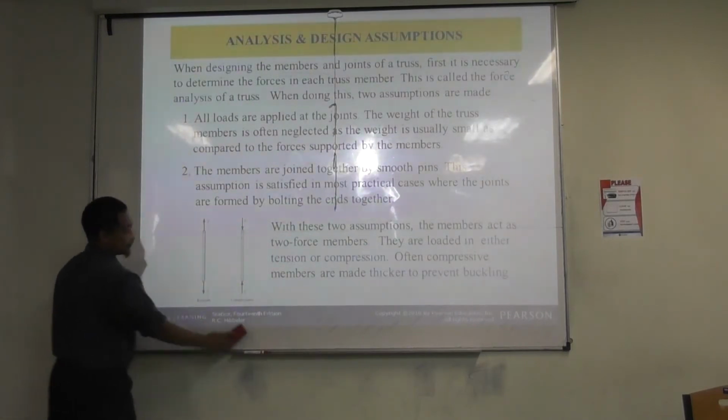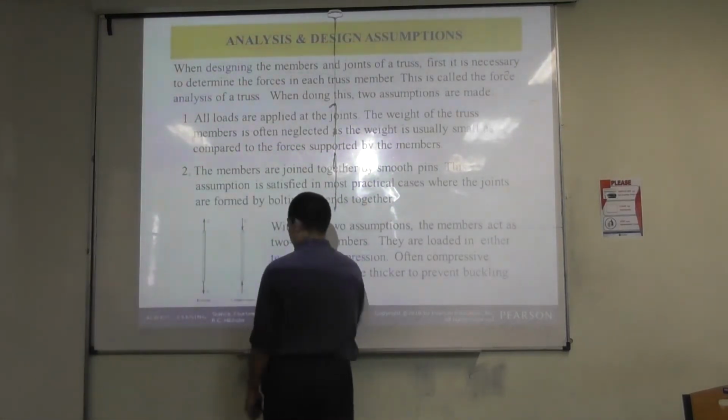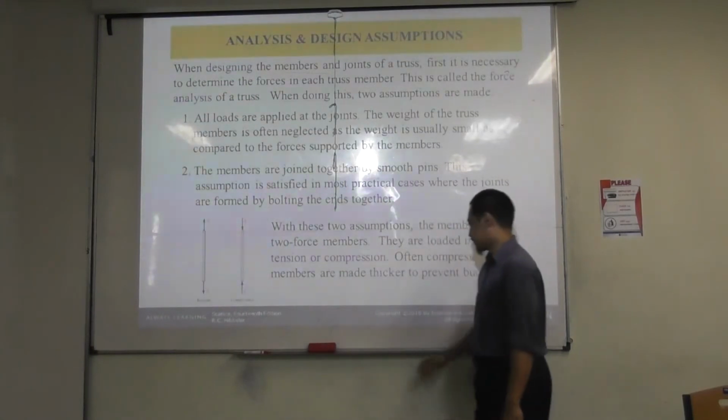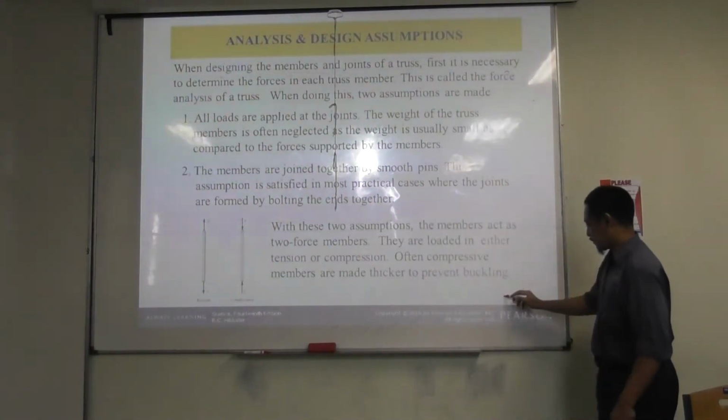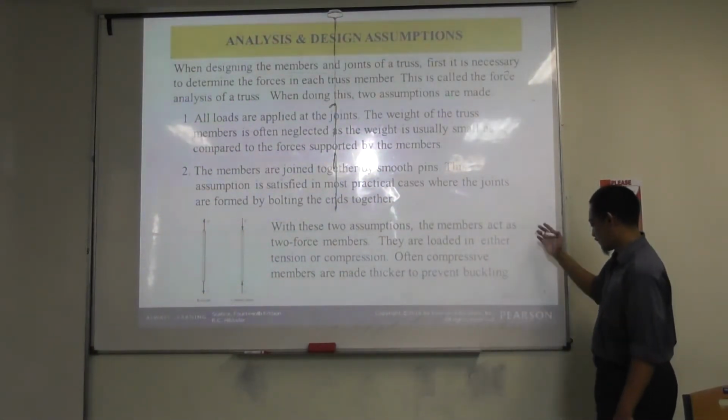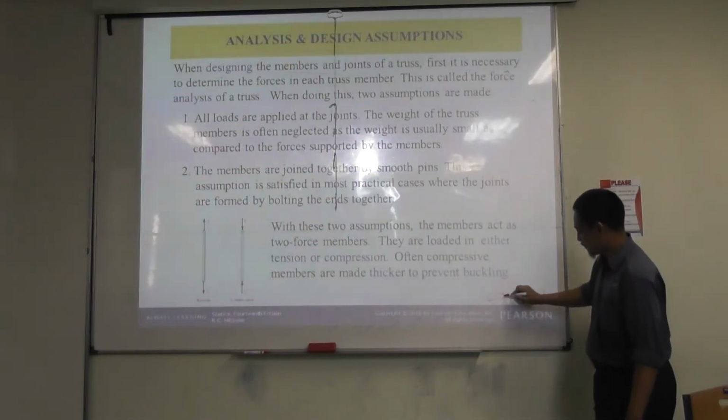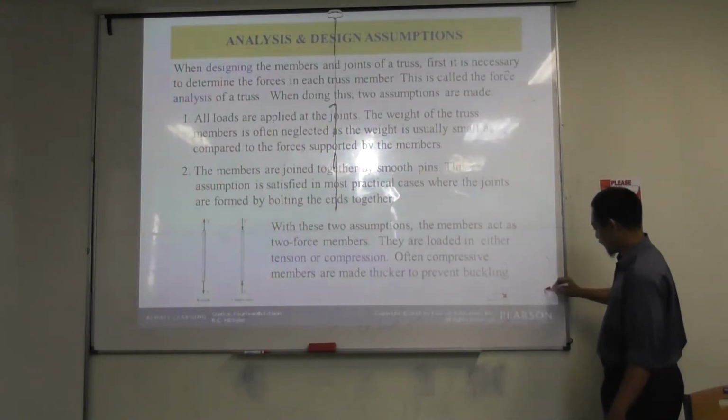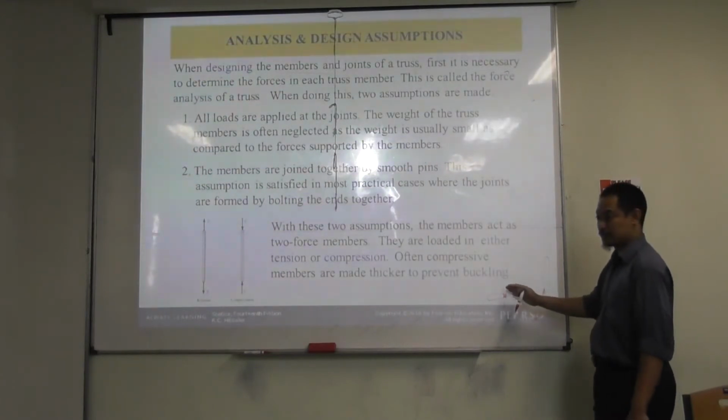Now for truss, every member is a 2 force member. Why? Because if you notice, it is combined with another member, for example, another member, only at the end joint, meaning only 2 points for each member, right?